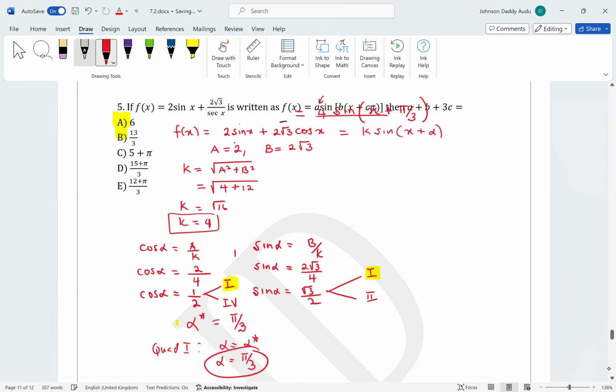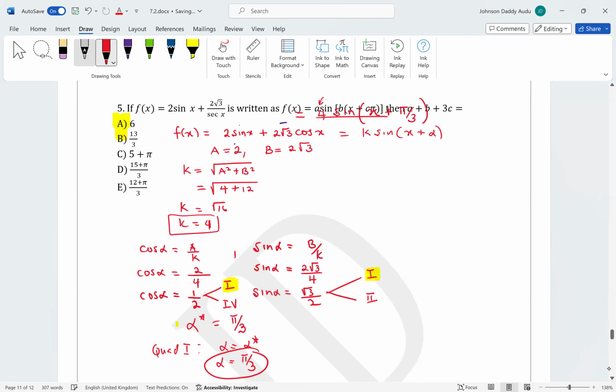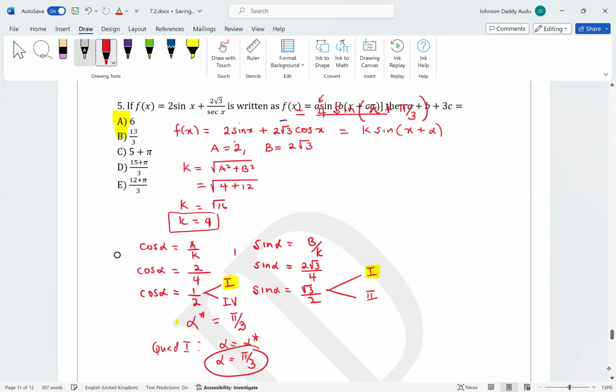Now we need to rewrite it a bit. K is 4, so we have 4 sine of x plus pi over 3, right? So here we can rewrite it in this form.